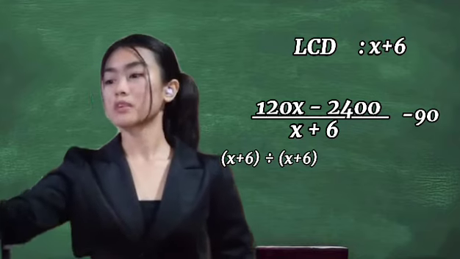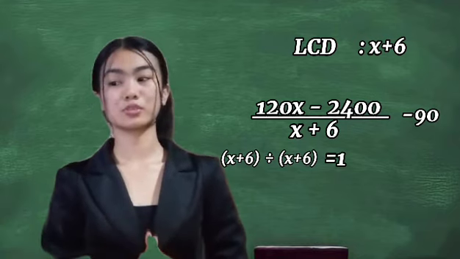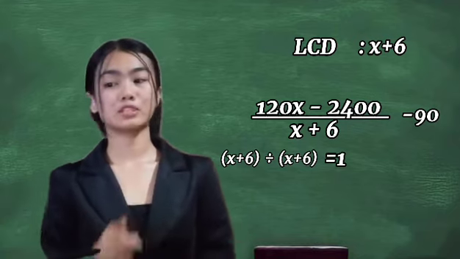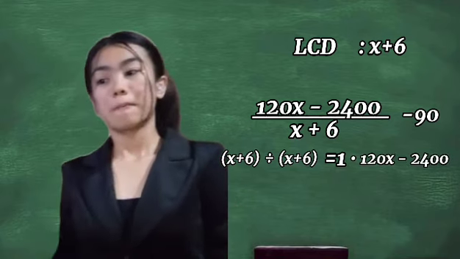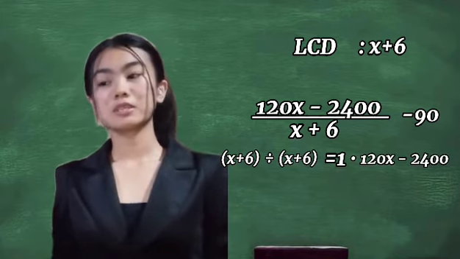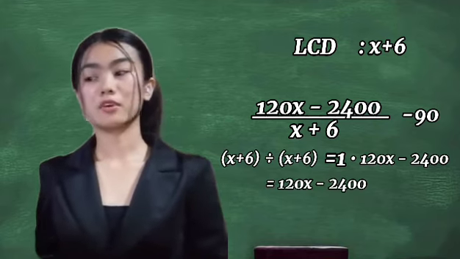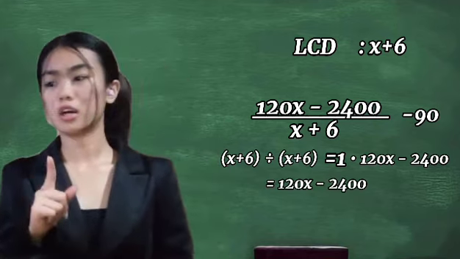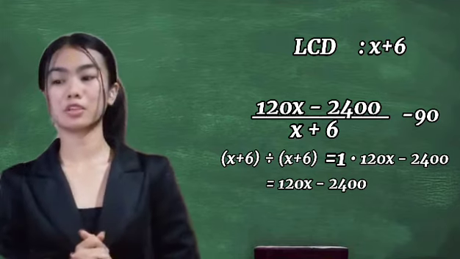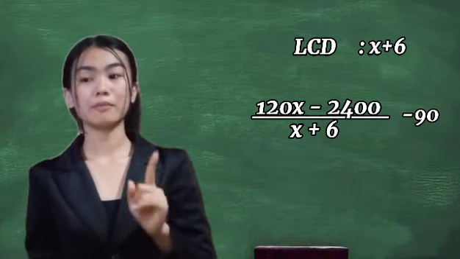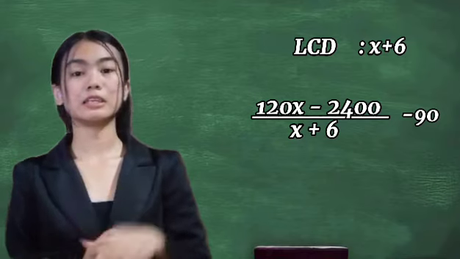So x plus 6 divided by x plus 6 is 1, multiplied by 120x minus 2,400 is 120x minus 2,400. Since all whole numbers have a denominator of 1, the denominator of negative 90 is 1.